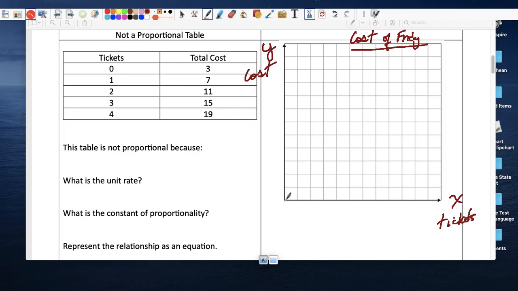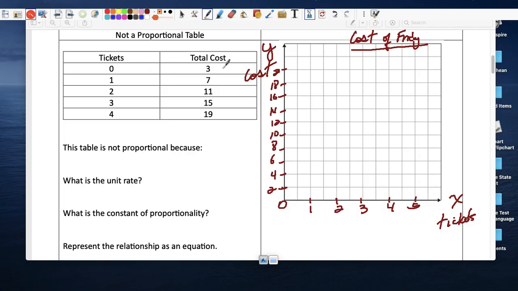Let me label some numbers. 1 ticket, 2 tickets, 3 tickets, 4 tickets, 5 tickets. Cost is a little bit different, notice. Let's go by 2s: 2, 4, 6, 8, 10, 12, 14, 16, 18, 20. Now here's the one difference you can see right off the bat.